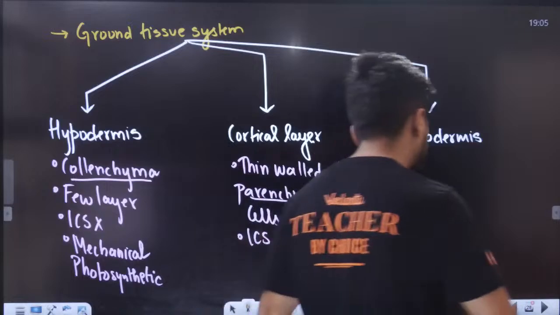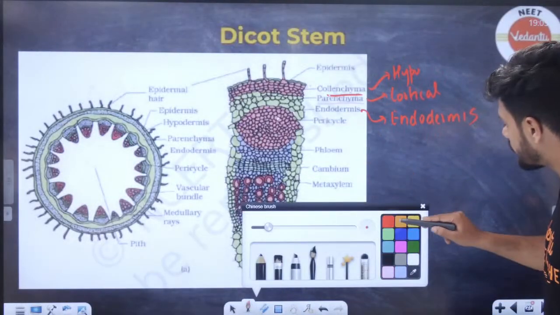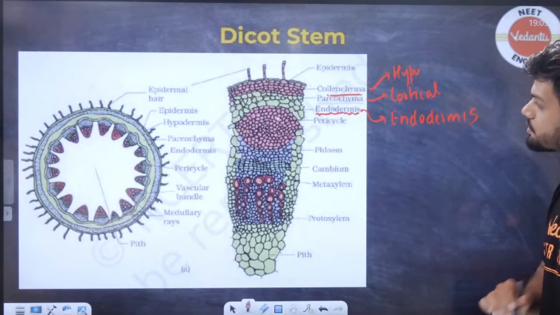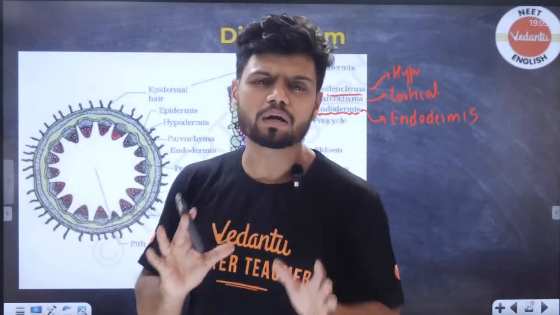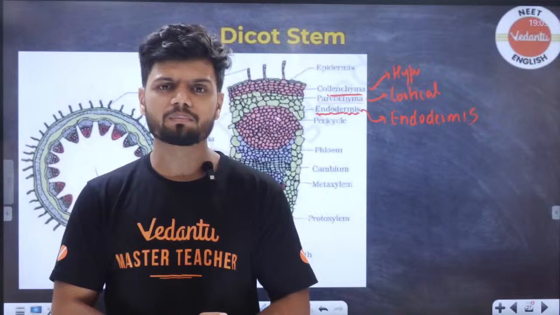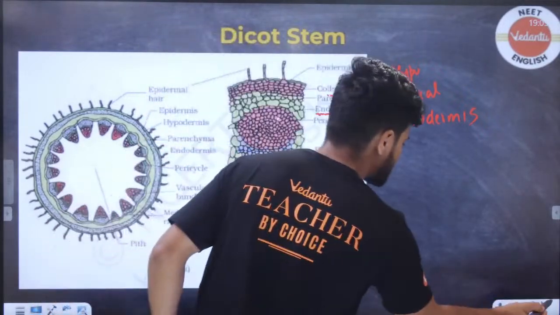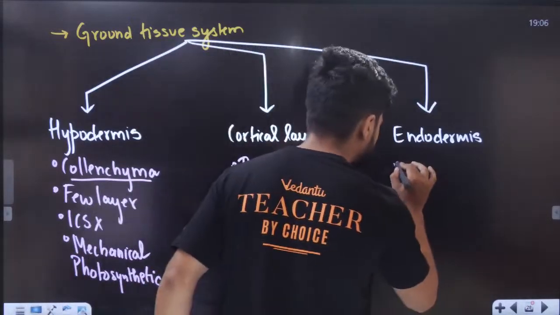Now, students, the innermost layer of your ground tissue system is called your endodermis. There is a speciality of endodermis: there is the presence of starch grains.